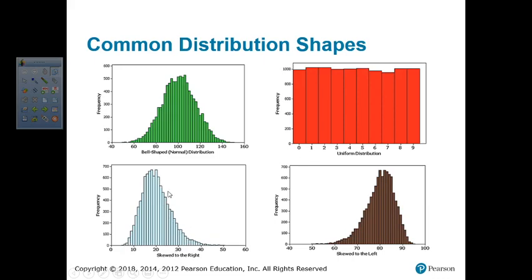In other words, let's say we have a test and most people score low on the test, but somebody scored pretty high. It makes the mean value higher than what most of the values are. So the data is actually skewed to the right because the mean is to the right of most of the values. And when it's skewed to the left, the mean is to the left of most of the values. And then in the normal distribution, the mean is approximately in the middle where most of the values are.